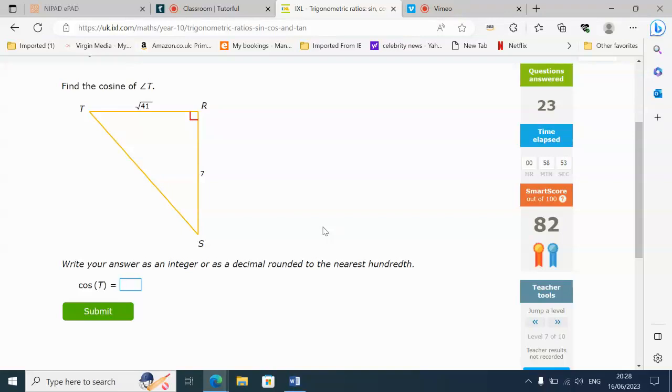And what do you get? 41. Okay. Now we'll need to try because the hypotenuse is longer. You see, you square rooted it, and you got 41. Okay. And then what about plus 7 squared?